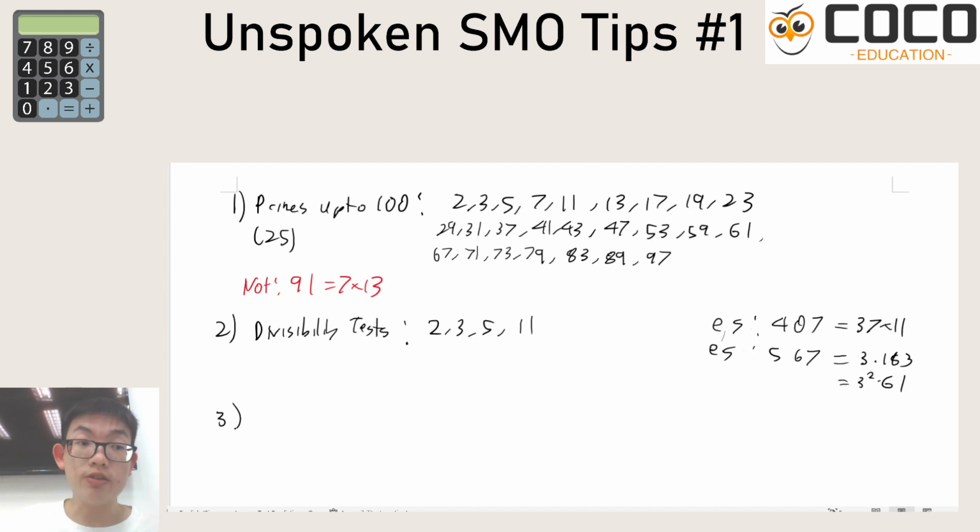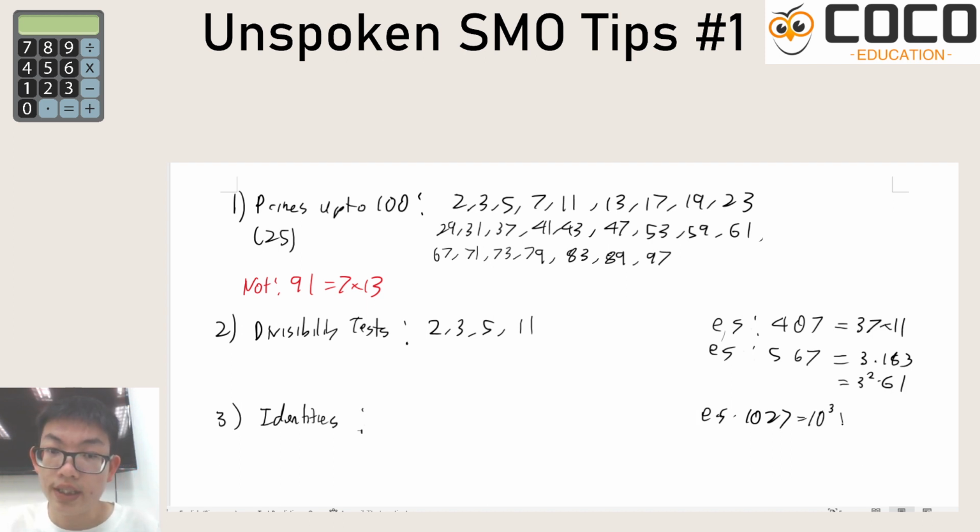The third thing that you want to be aware of is that sometimes there are obvious identities. For instance, if you get a number like 1027, this does look rather prime, but if you know that this is 10 cubed plus 3 cubed, even if you have secretly forgotten the identity for the sum of cubes, you know that there is a factorization, and hopefully you at least know that it comes with the 10 plus 3 times something.